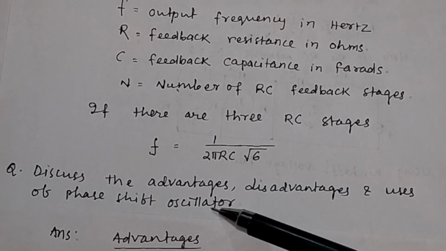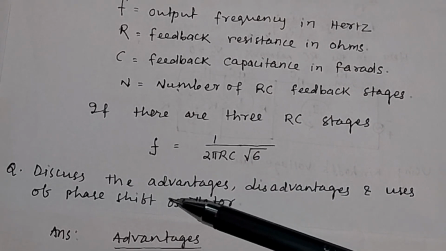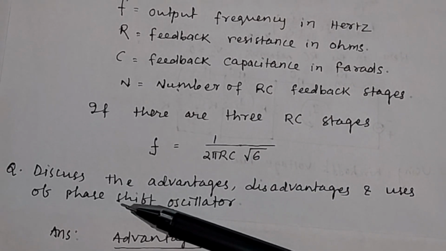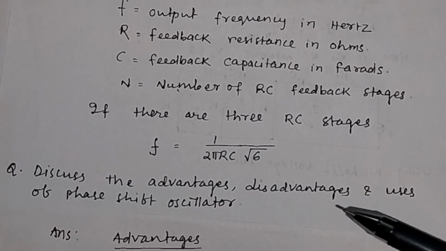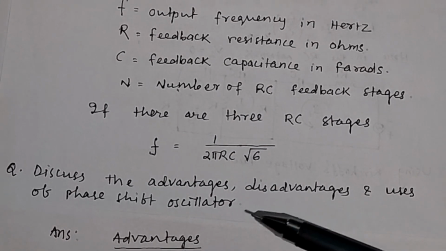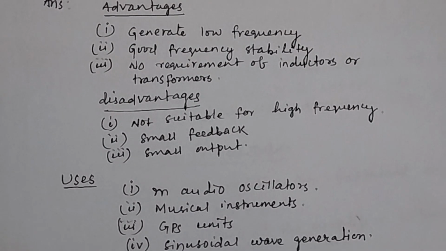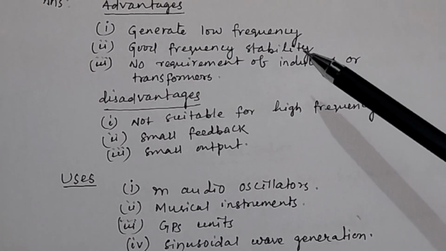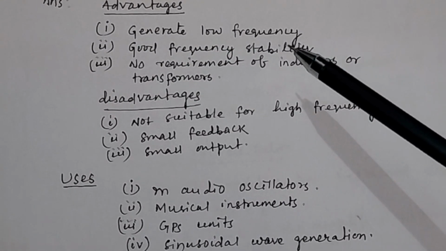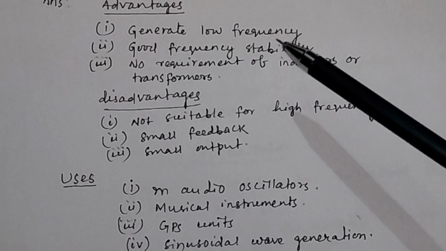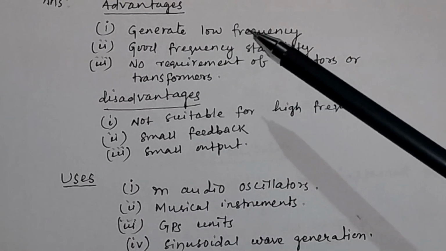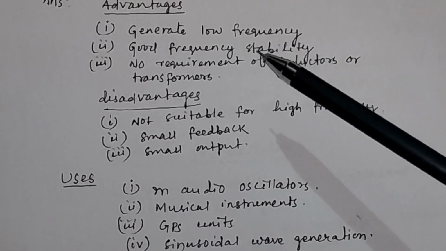Then you may also have a question attached to this long question, or it may be a separate question: discuss the advantages, disadvantages and uses of phase shift oscillator. As we know, phase shift oscillator produces low frequency. It is useful for low frequency. So this is the advantage of phase shift oscillator.